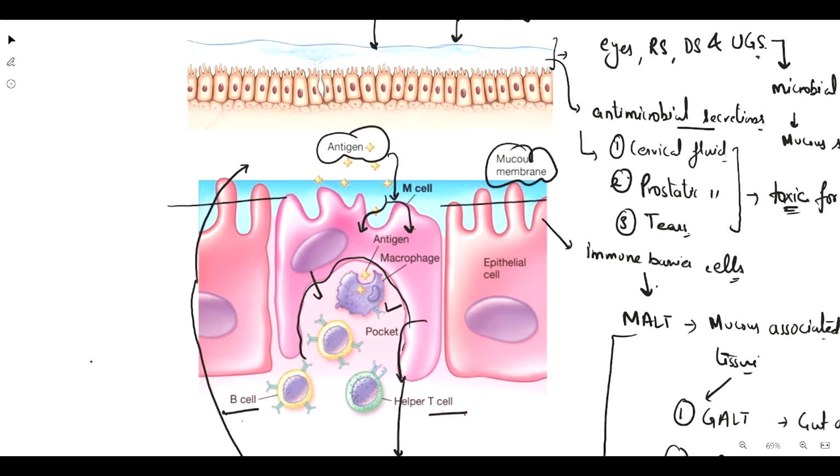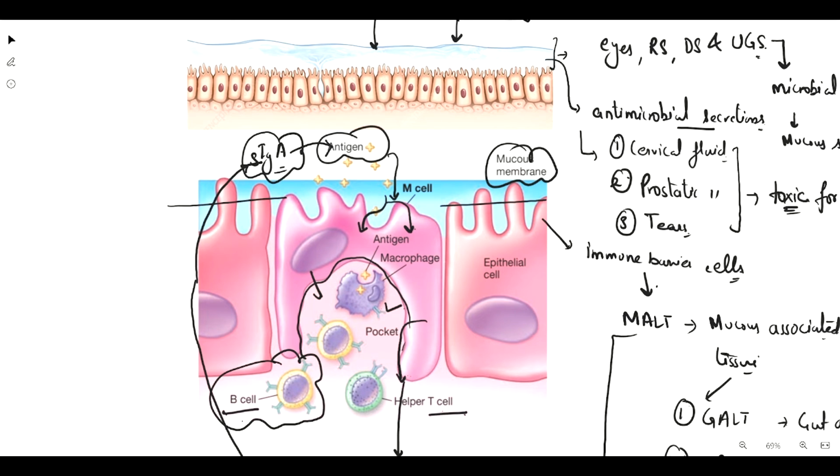These are called secretory IgA, secreted by the lymphoid follicle present beneath the cells, which leads to the activation of plasma cells and production of secretory immunoglobulin A. These immunoglobulins enter the gut where they interact with the antigen and lead to its neutralization.